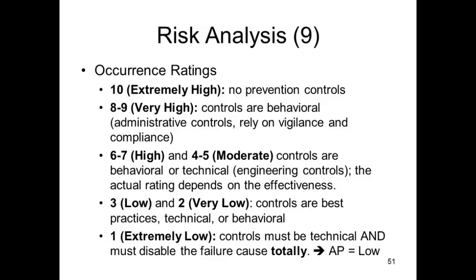The way the action priority matrix is structured, if we have a 1 occurrence rating, we get a low action priority regardless of the severity and detection ratings, and that's probably because if it can't happen, that is, can't as in probability 0 as opposed to almost 0, we don't have to worry about it. And that will be illustrated in some of these examples where we can get an extremely low occurrence rating.